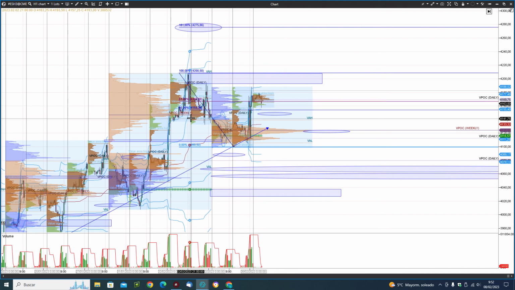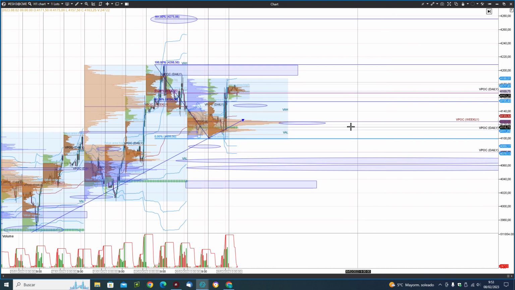Lower targets, this last weekly VPOC 4,147, and the main lower target would be at this zone 4,124. But you can see before it touches this point, the price can hit the uptrend line, and let's see its behavior.